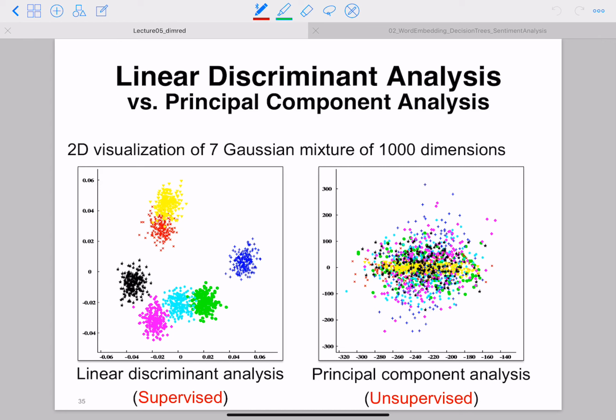So this is a synthetic example that I generated in a 1,000-dimensional space as a 7-component Gaussian mixture model.